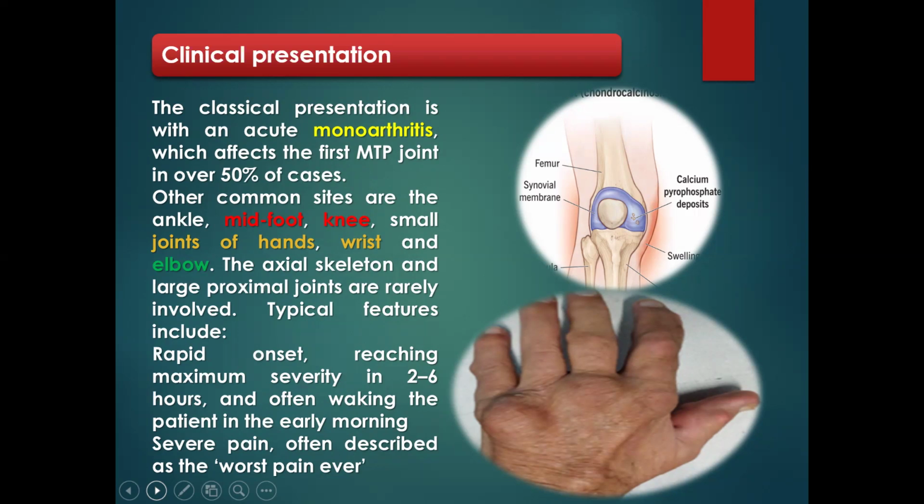What are typical features of this condition? It is rapid. It can reach maximum severity in 2 to 6 hours and often wakes the patient in the early morning with severe pain, often described by the patient as the worst pain ever. That is, the pain is excruciating. Just imagine a stone in your body, in a joint that moves. It's going to be excruciating.